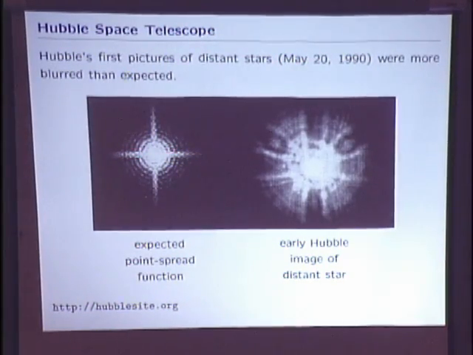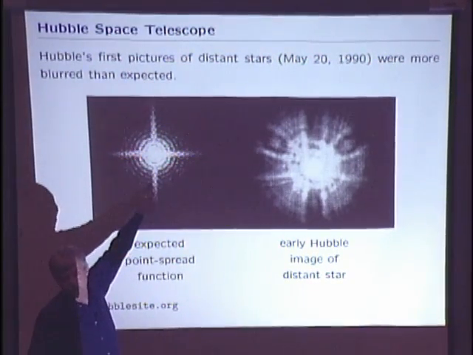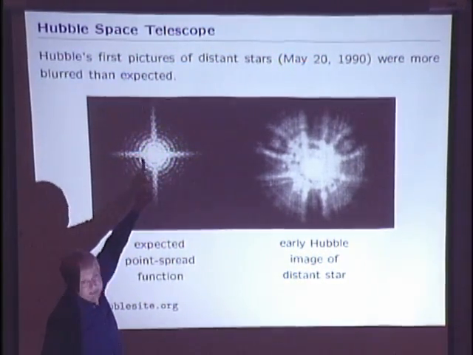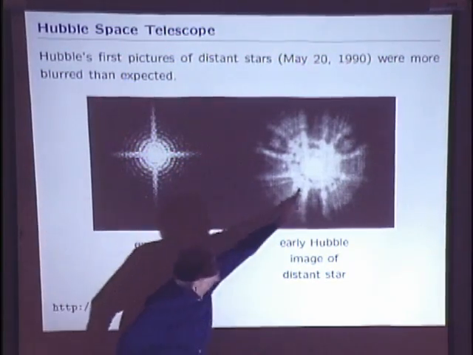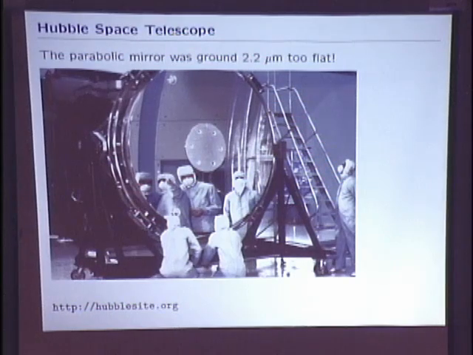When they put this in space, they were expecting to see pictures like this. This is a picture of a distant star. They were expecting the distant star would look like this. This is what they actually measured. The reason was that the feedback system that they used to grind the lens made a mistake by 2.2 microns. 2.2 microns would have been just barely resolvable on my microscope, but barely.